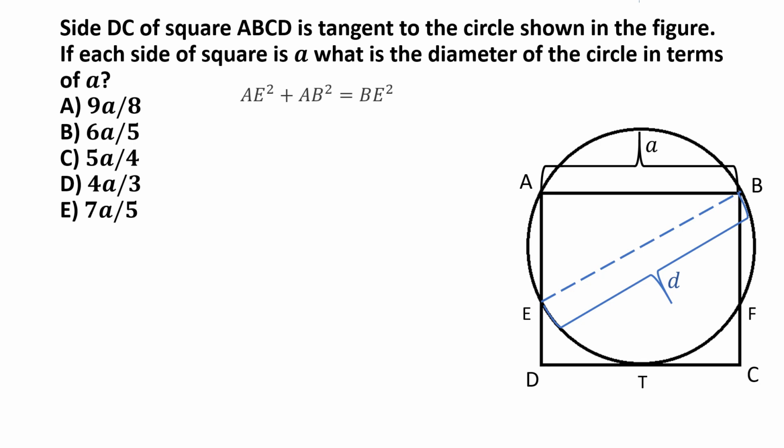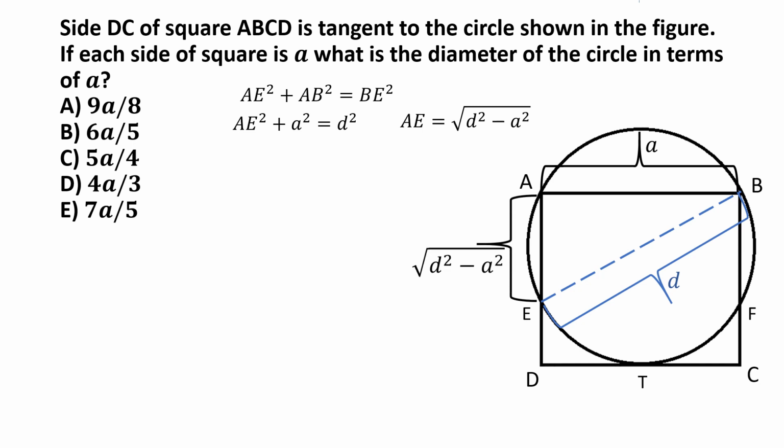We have AE square plus AB square is equal to BE square. And we know that AB is A and BE is D. So we substitute that. We get AE square plus A square is equal to D square. From this we can obtain AE is equal to square root of D square minus A square. So we can mark that in the figure, that AE is equal to root over D square minus A square.